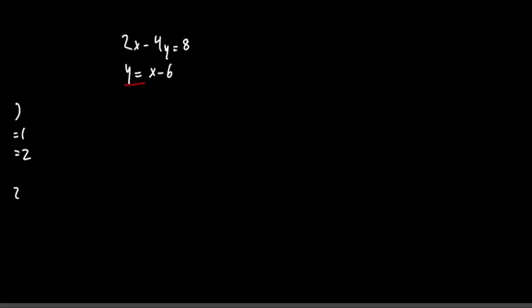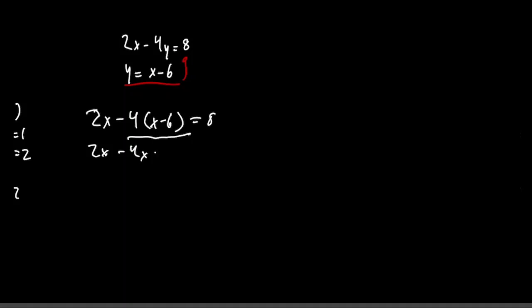So I'm going to have 2x minus 4, and I'm going to substitute y, which is equal to x minus 6, and that equals 8. I'm going to expand this term. Negative 4 multiplied by x is minus 4x, and negative 4 multiplied by negative 6 is positive 24, equals 8.